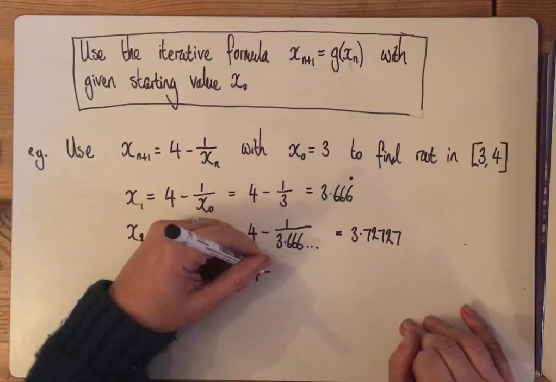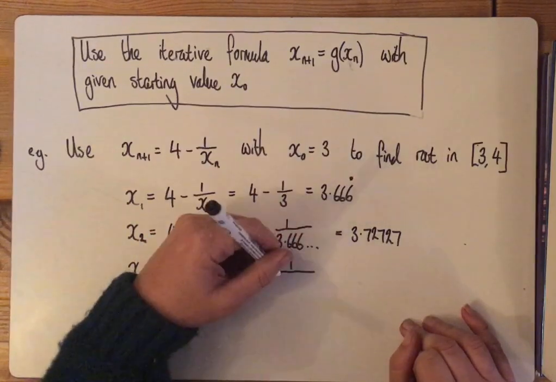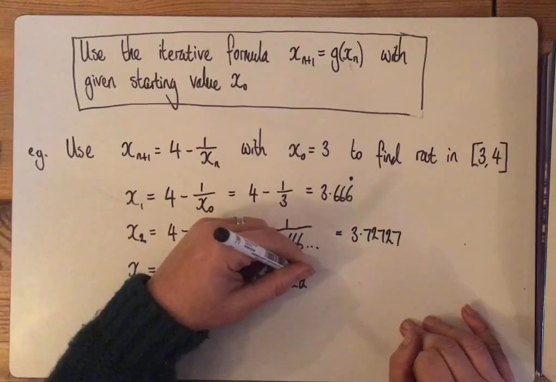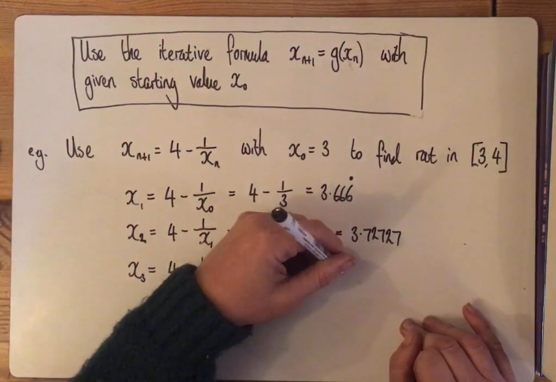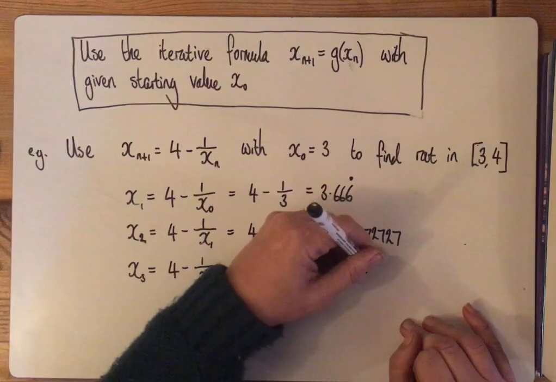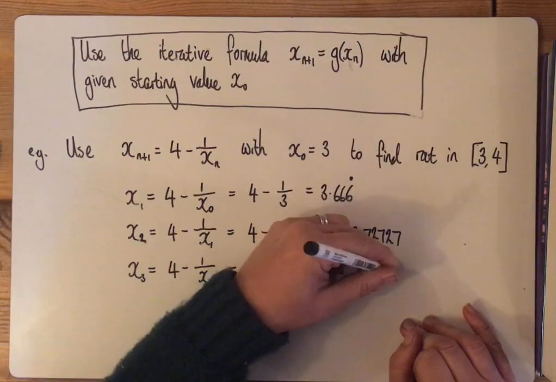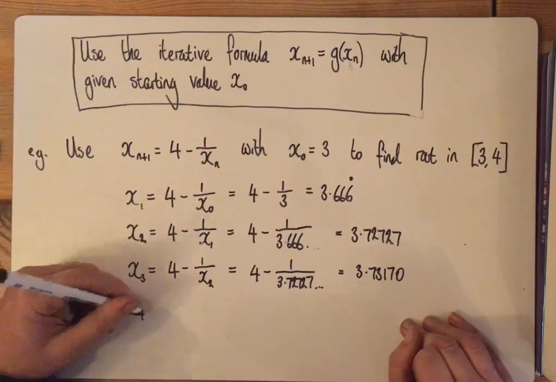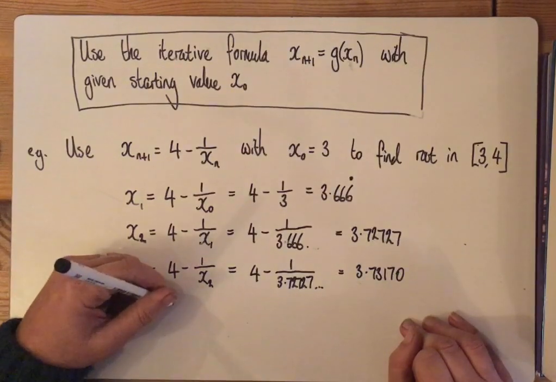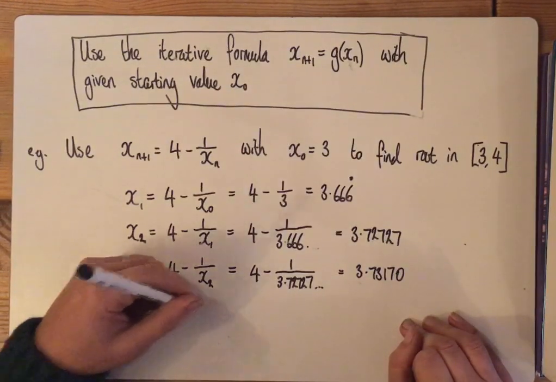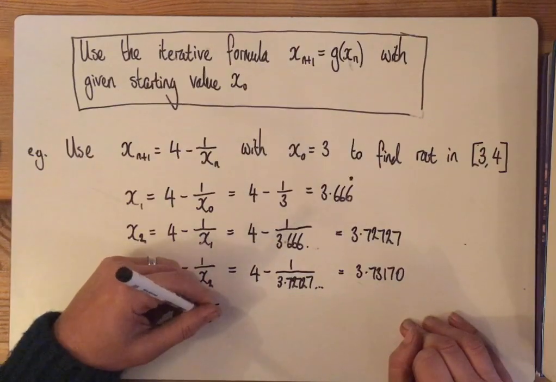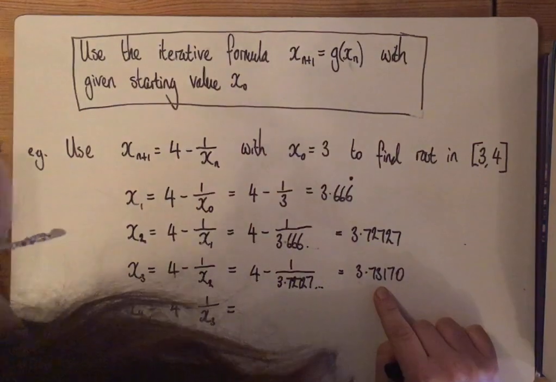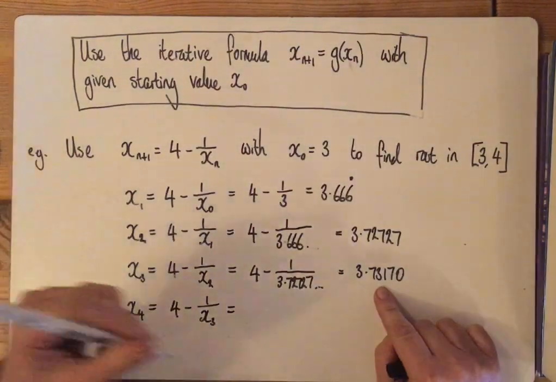So it's 4 - 1/3.72727, and that gives you 3.73170, and then you can repeat it again. Now I'd be doing 4 minus 1 over the third value, and you get 3.73203.